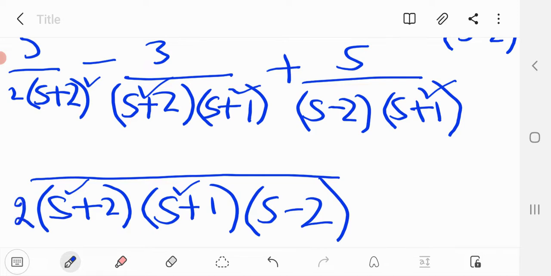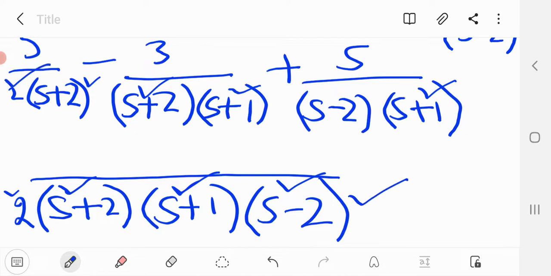LCM is equal to common factors and non-common factors. So these two are common factors, whereas s minus 2 and 2 are non-common factors. Now how to write the equation in the numerator? In the numerator, the procedure is the whole denominator divided by this denominator.